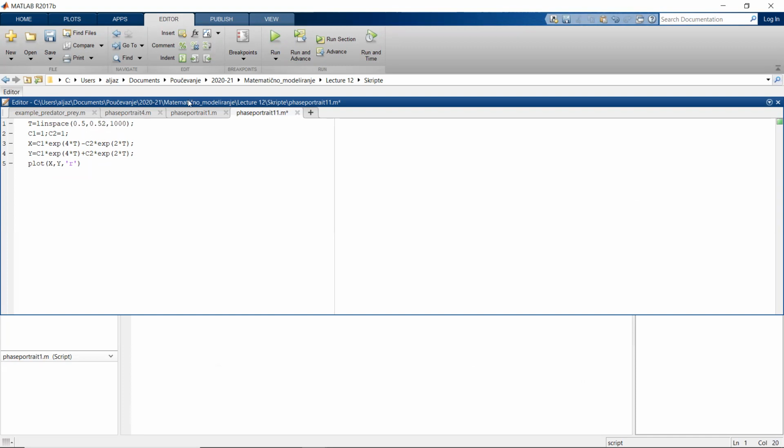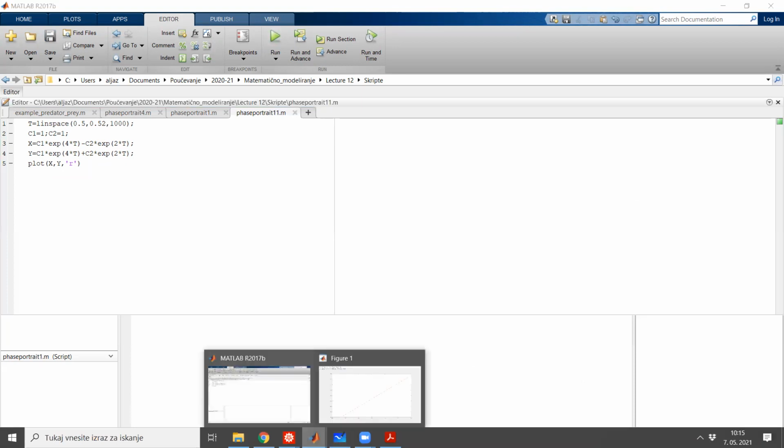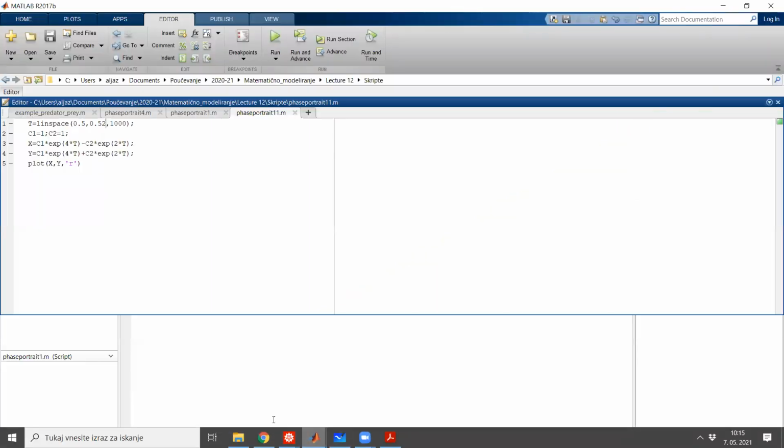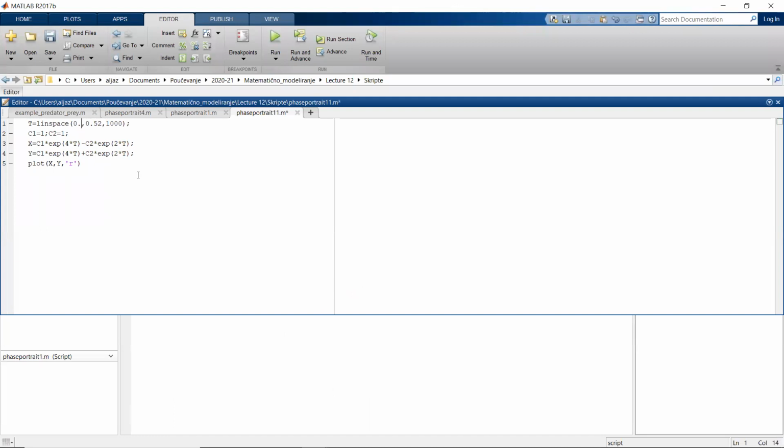Maybe this will give us a better picture. It's already here. It's aligned. So maybe let's try 0.1 and 0.13.